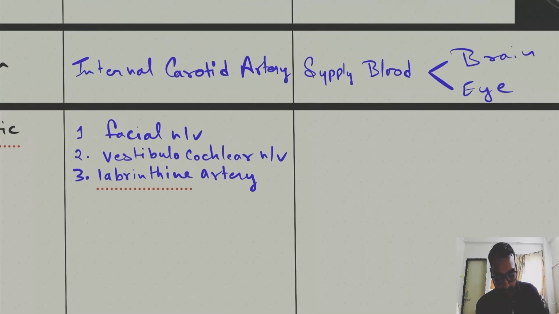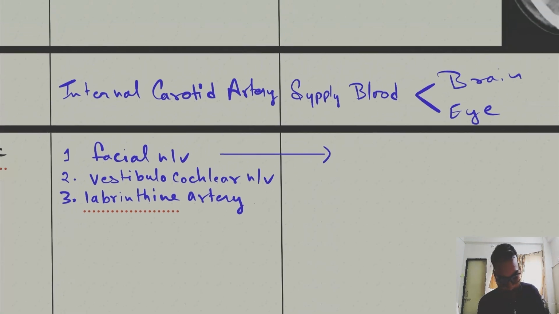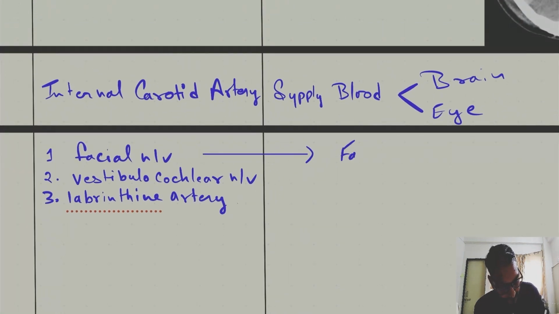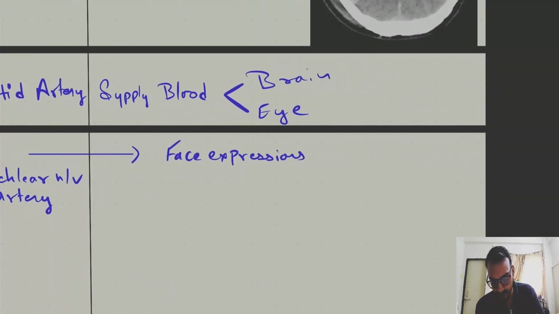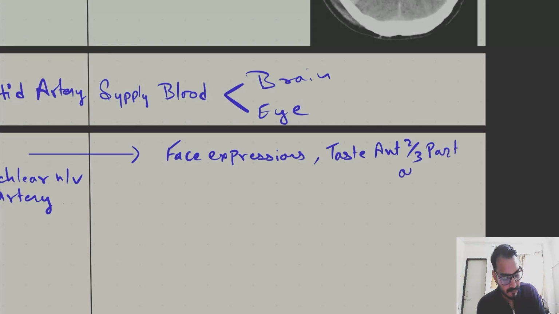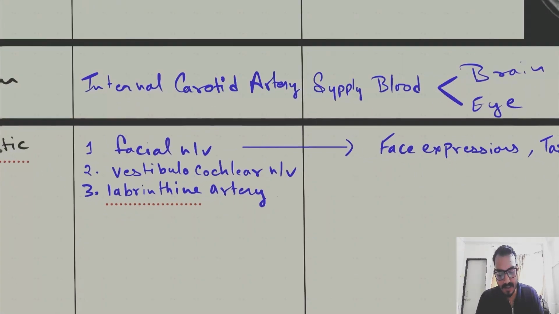The facial nerve has functions like facial expressions and taste to the anterior two-thirds of the tongue. Facial expressions and taste to the anterior two-thirds of the tongue are given by the facial nerve.